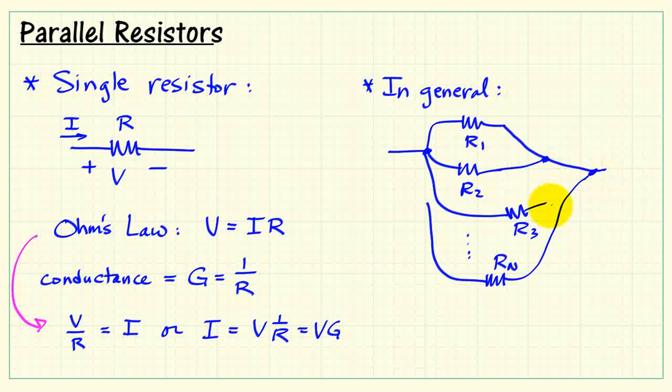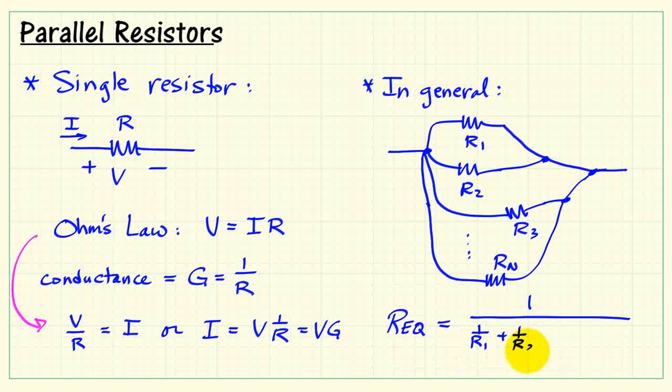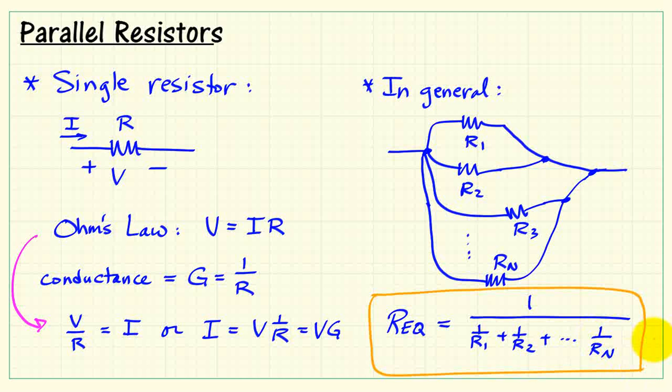And again, each time you add another resistor in parallel, you increase the conductance of the overall resistor network. Another way of saying that is that we decrease the equivalent resistance. So we can calculate the equivalent resistance of n resistors in parallel by forming their individual reciprocals, adding them up, and then taking the reciprocal of the result.